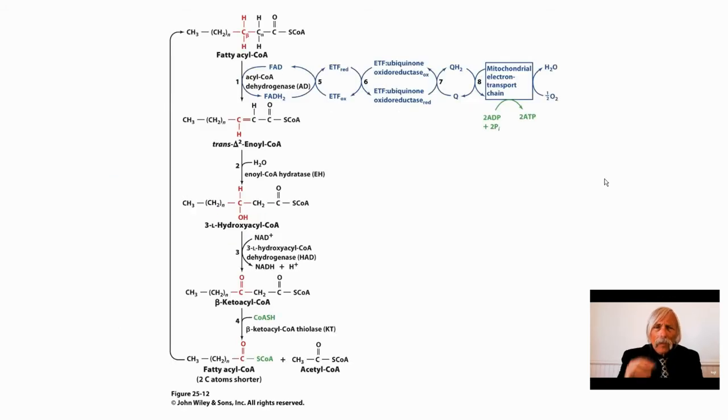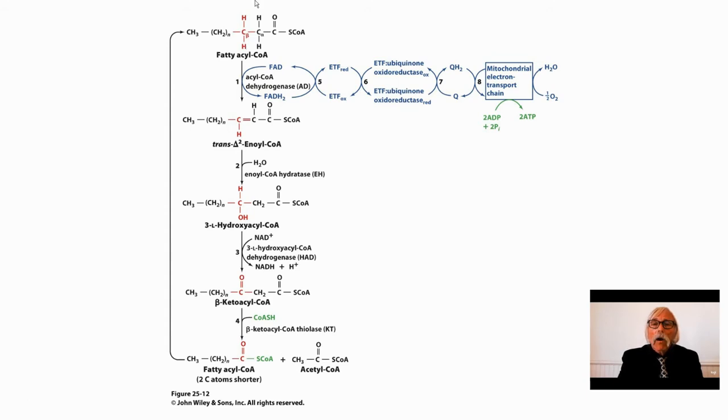Okay. And this is basically showing you the fundamental process. There's the fatty acyl-CoA. Now I want you to look a little bit here at the nomenclature. The alpha carbon is actually the second carbon in. The carbonyl group here is not called the alpha carbon, it's just called C1, right?